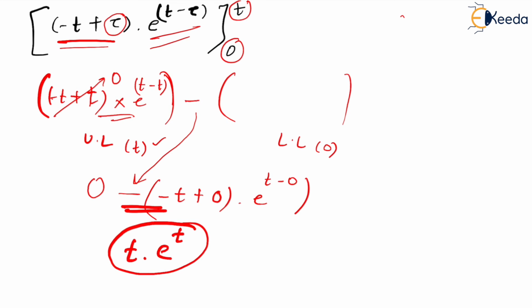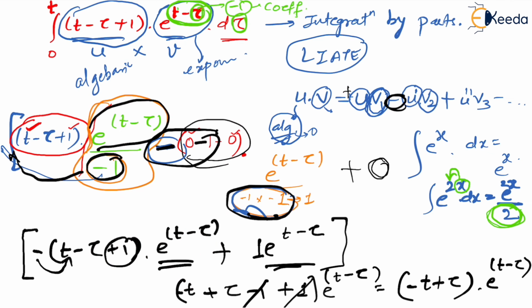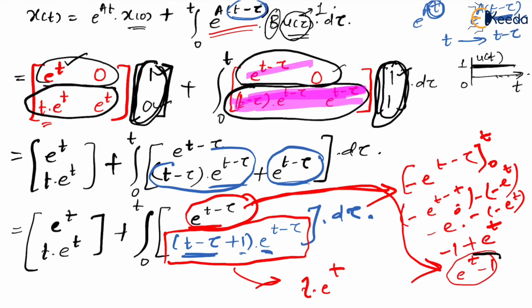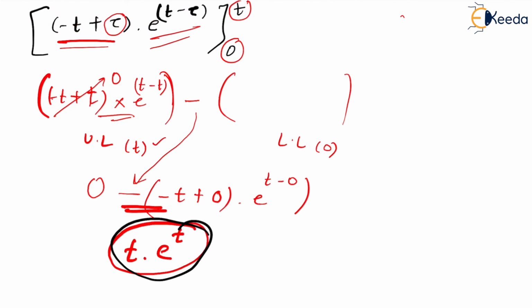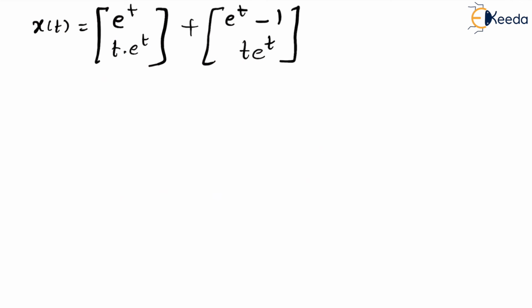Getting my point, right? t into e to the power t has been replaced, as well as e to the power t minus 1 has been replaced. Now if you just simply add them, e to the power t plus e to the power t is going to be 2 times e to the power t. So it is nothing but 2 times e to the power t, and this is minus 1, e to the power t minus 1.